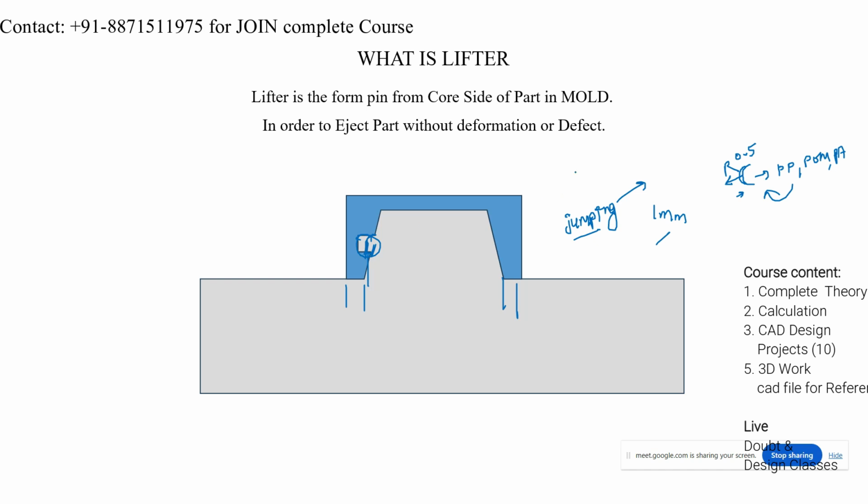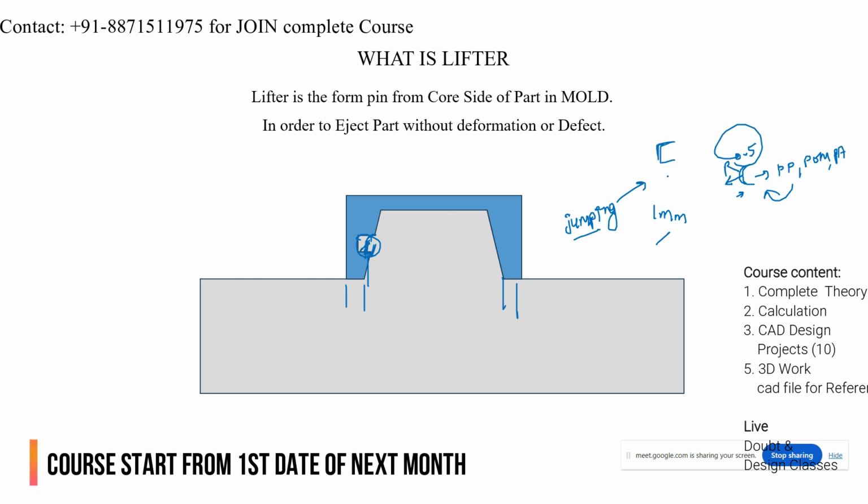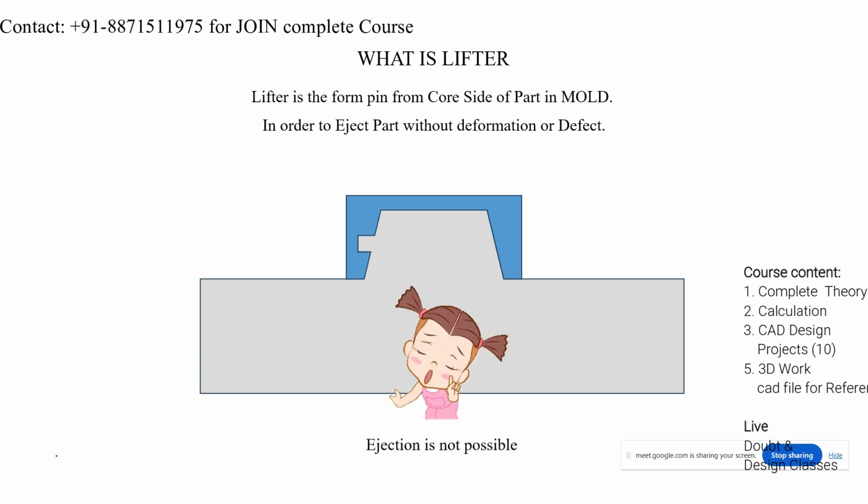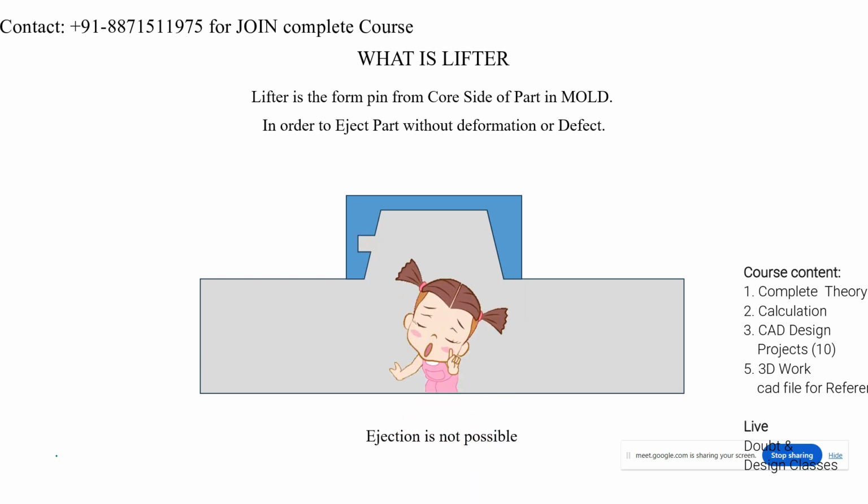But if the undercut is more than 0.5 and has sharp edges like these undercuts, we cannot use the jumping out process. So we have to use a mechanism. Here we cannot eject the component, so ejection is not possible.